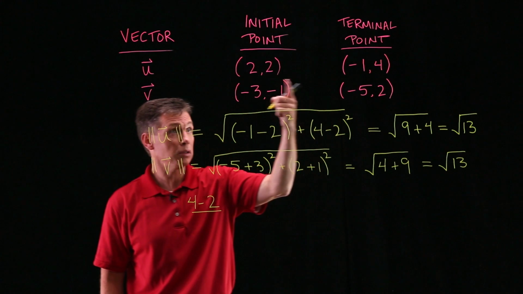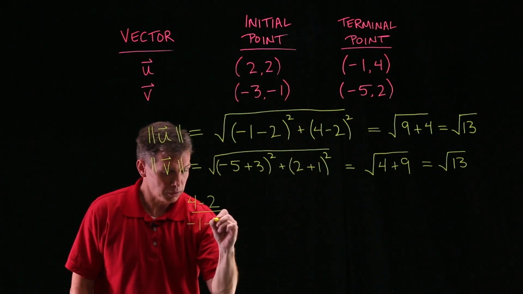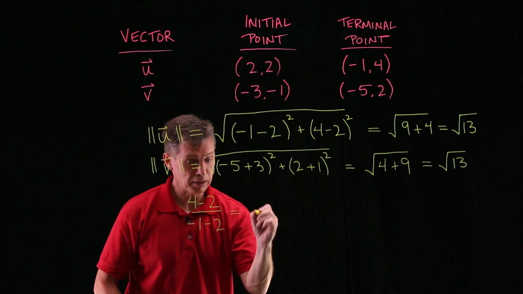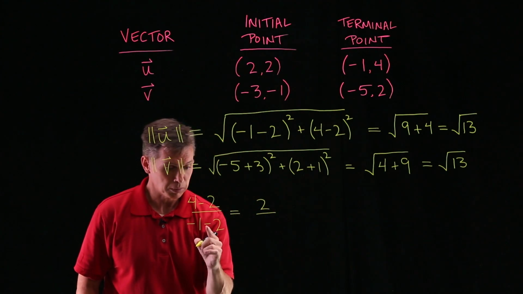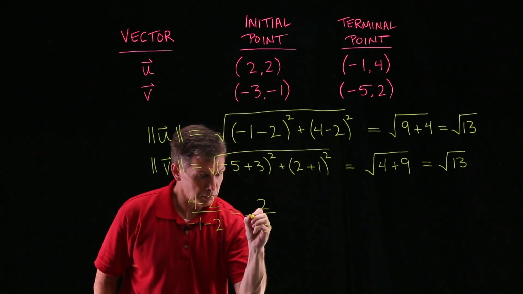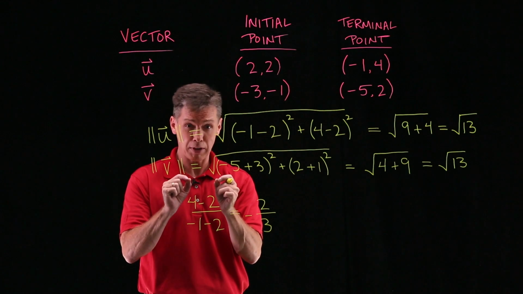So minus 1, subtract 2. Let's do the arithmetic there: 4 minus 2 is 2, and minus 1 minus 2 is a negative 3. I'll put a minus sign in front of the fraction. That slope represents the direction of my first vector.